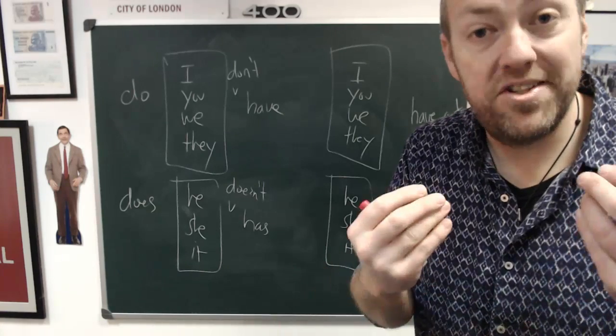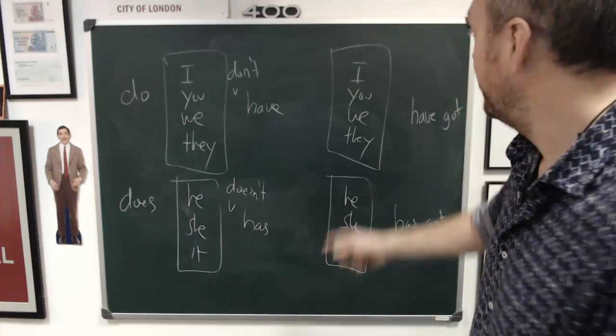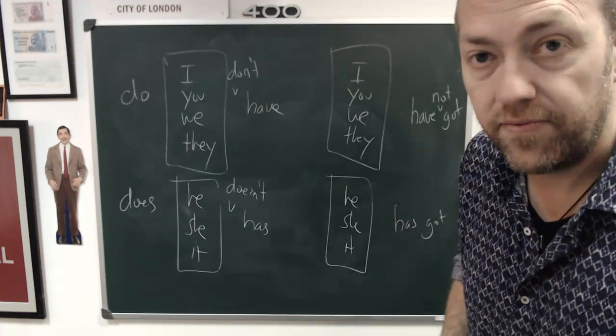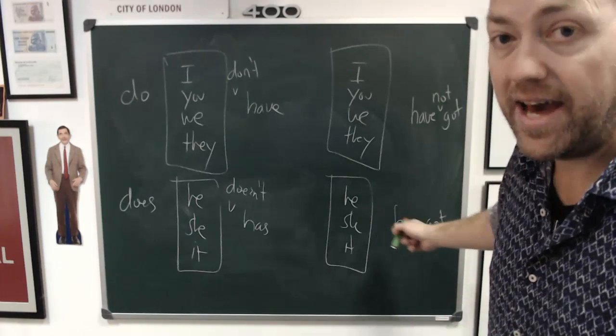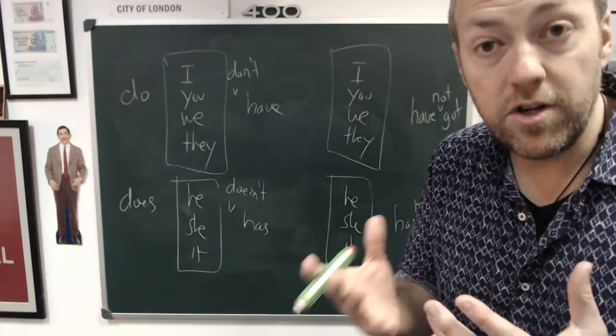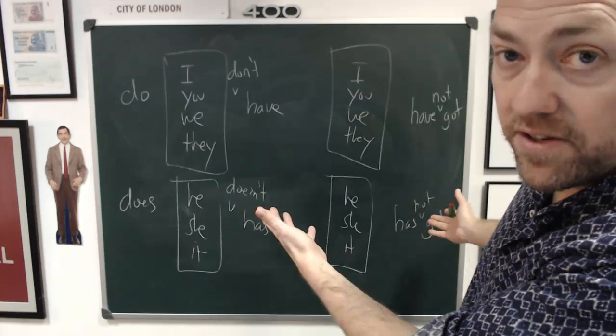No. It's similar to the verb to be. We use not. I have not got. Or he has not got. So you can see that the conjugations are totally different.